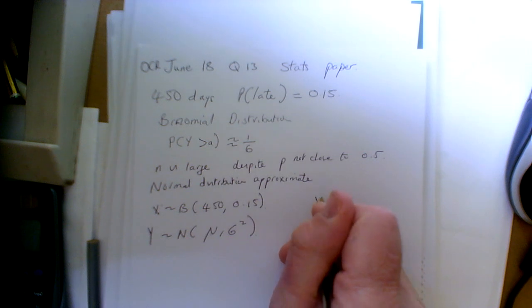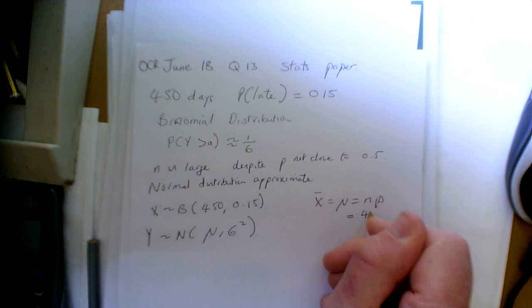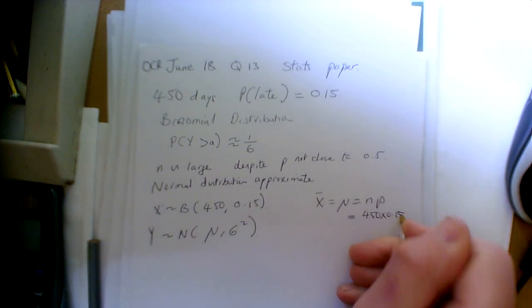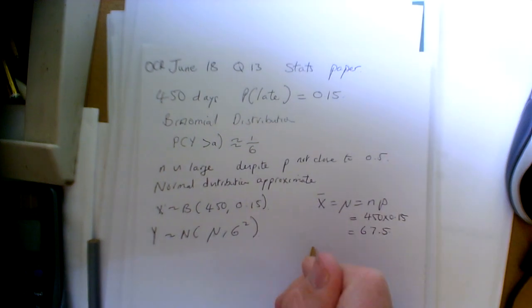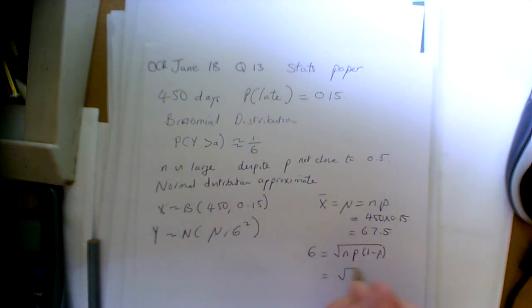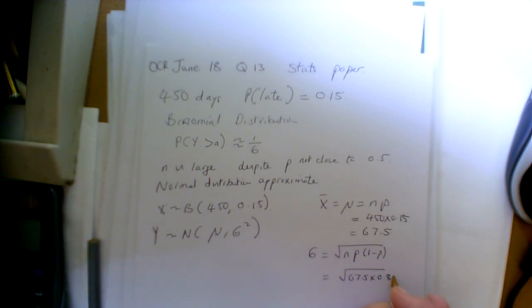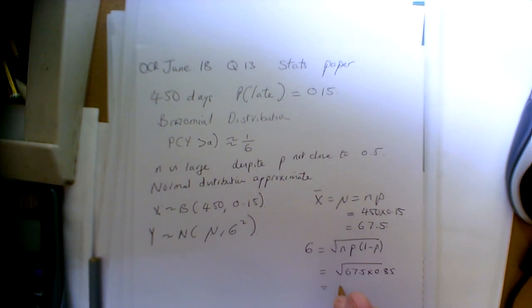Okay, that x bar equals mu is equal to np is equal to 450 times 0.15, which gets you 67.5. The standard deviation is equal to the square root of np times 1 minus p, i.e. the square root of 67.5 times 0.85, which gives you a standard deviation of that.